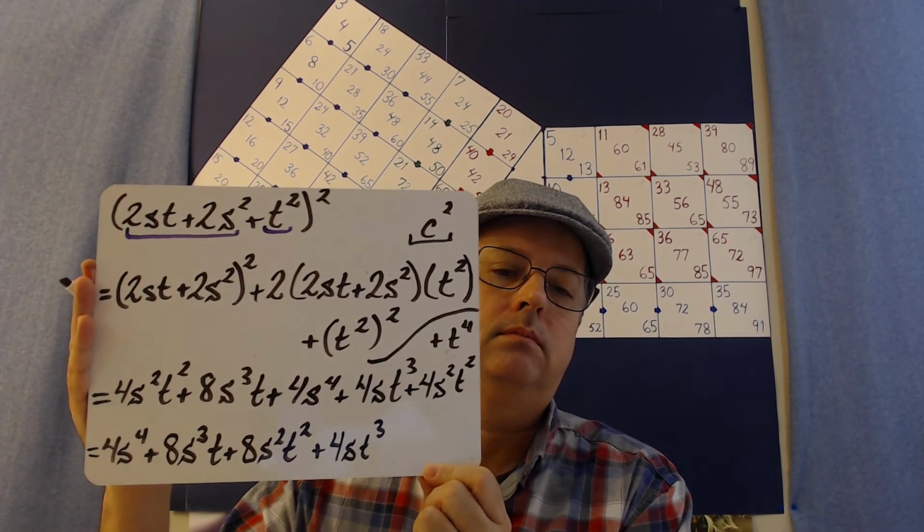Plus, we want to look for just the s term. So there's 4s t to the third. Okay. And then plus 4st to the third.